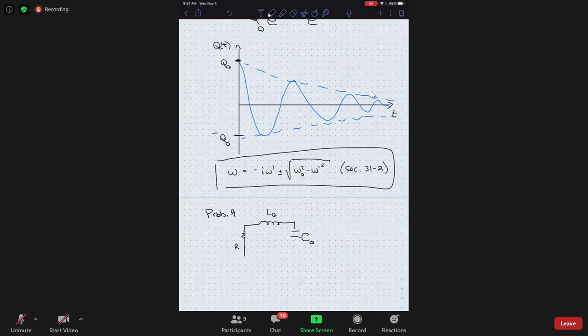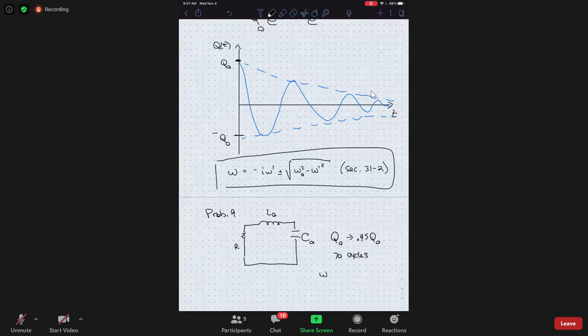So they have some values for the maximum charge in the capacitor to decay to 95%. So we need to figure out, okay, at what time is it going to decay to 95%? And we're assuming this happens in 70 cycles.